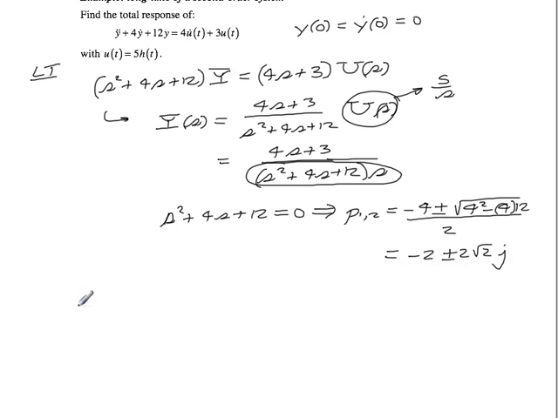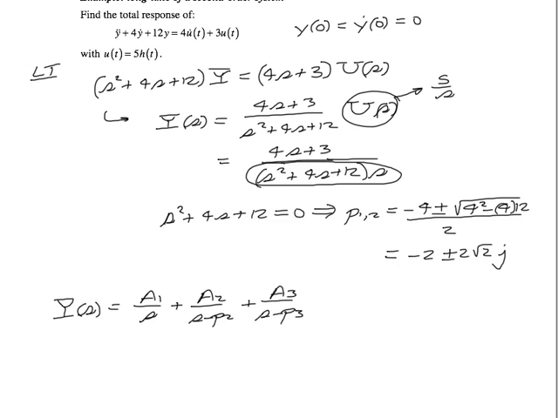So therefore I can factor things. I can write y of s then is equal to a1 divided by s, a2 over s minus p2. I can do this because I have distinct roots.